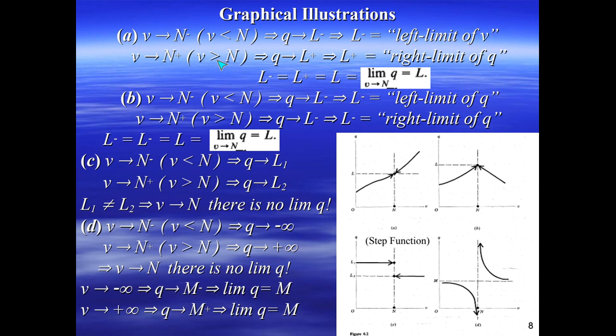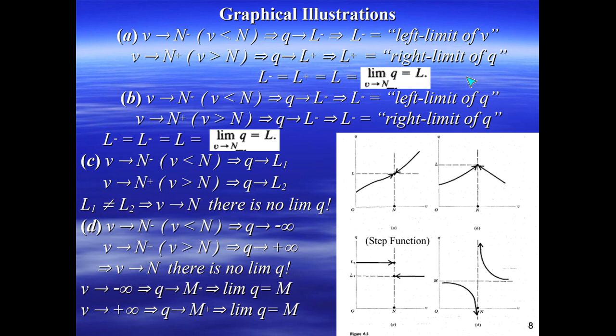Then when V goes to n plus, which is from values higher than n, when V is greater than n, and it goes to n from above, then when we follow the function values, we see that it approaches L as well from above. So L plus, when V goes to n plus, Q goes to L plus as well.